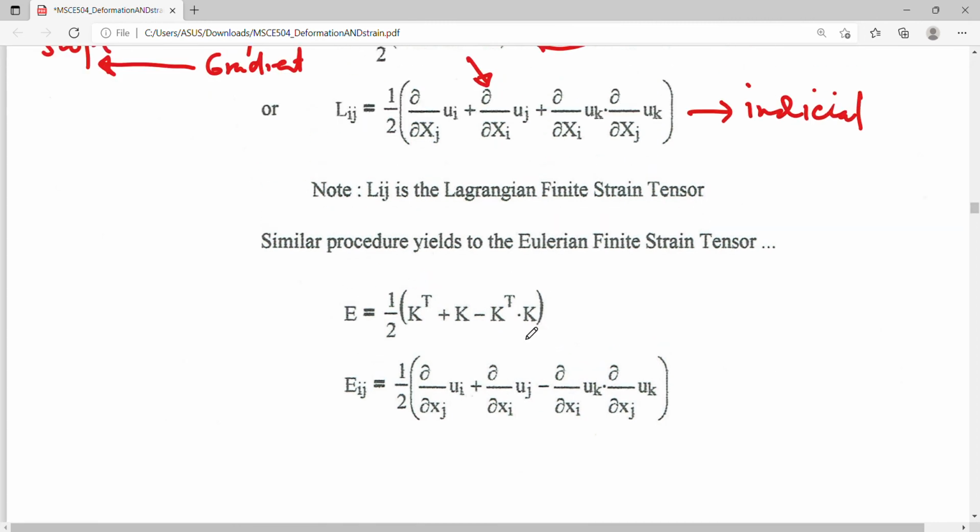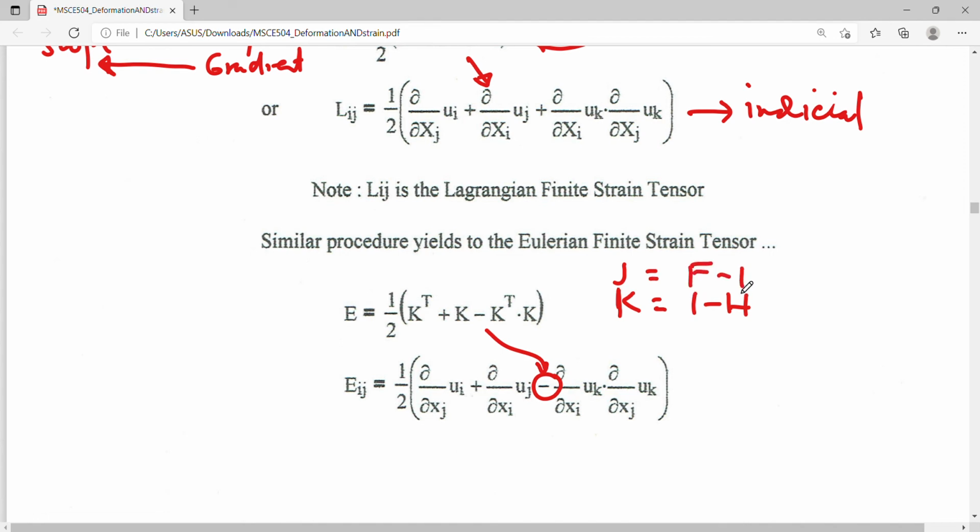The only difference is that you'll be having a minus sign here simply because we know for a fact that your K has a 1 minus h there, while J has an F minus 1 there.